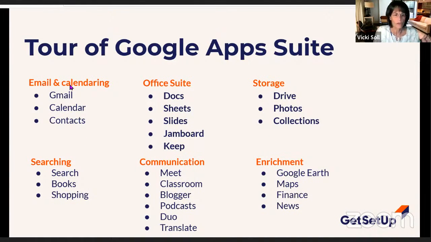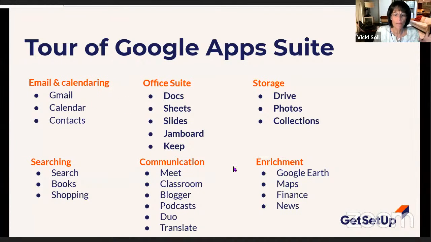Some of you are already using these. Then there's another group that I put together called Office Suite. We have storage, some search apps, another set of apps that I grouped into communication, and then a last set that I called enrichment, for lack of a better term.